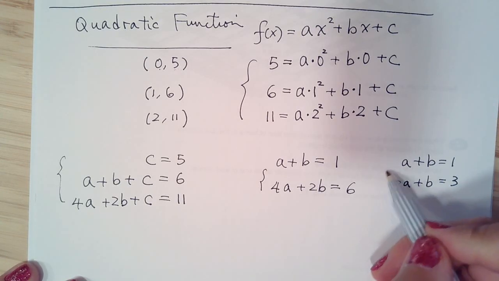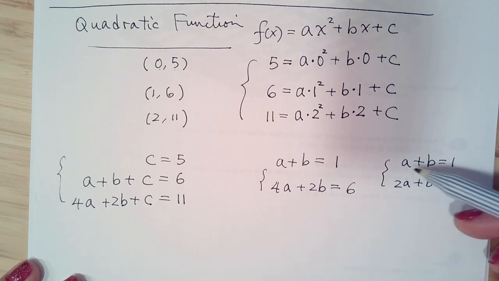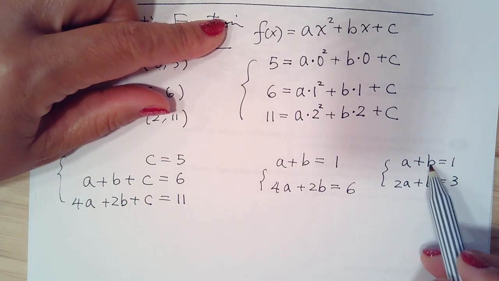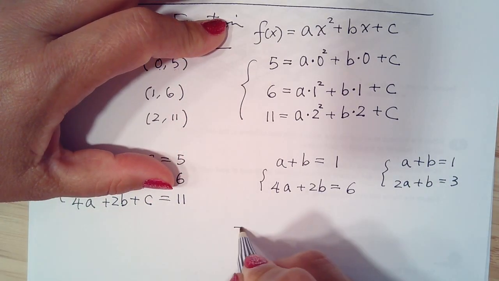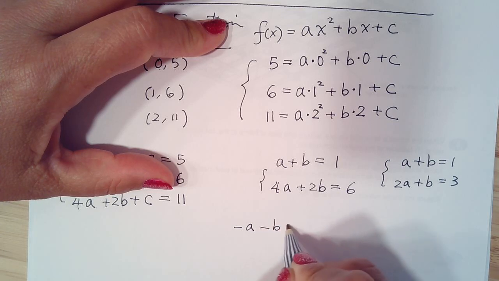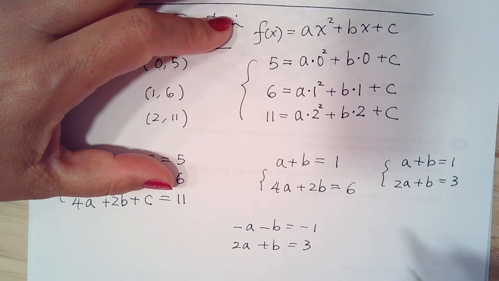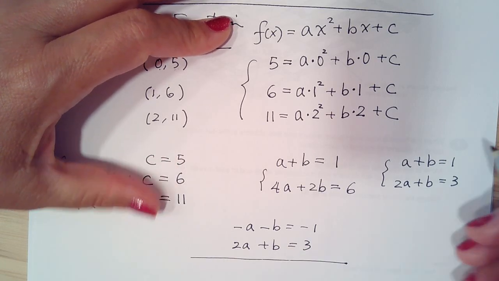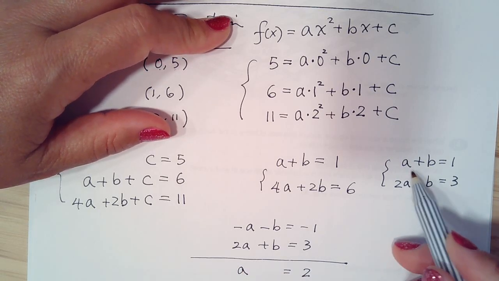Okay, and then I'm going to use either the substitution method or the elimination method, because here's a b, here's b. I just use this, multiply by -1. So I get negative a, negative b, which is -1, and then 2a plus b, which is 3. And then I add them up. I get a equals 2. And a plus b is 1.